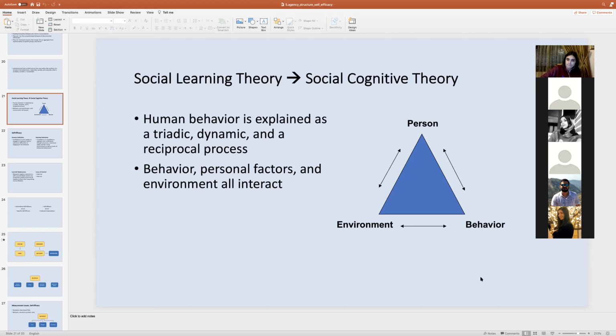This theory is important because previously there were writings about delinquent or violent behavior as something inherent, genetic, or biological.